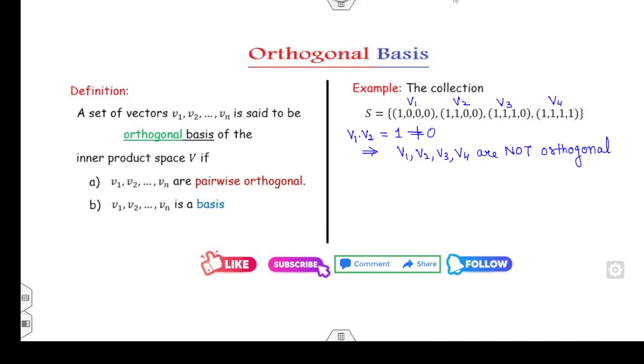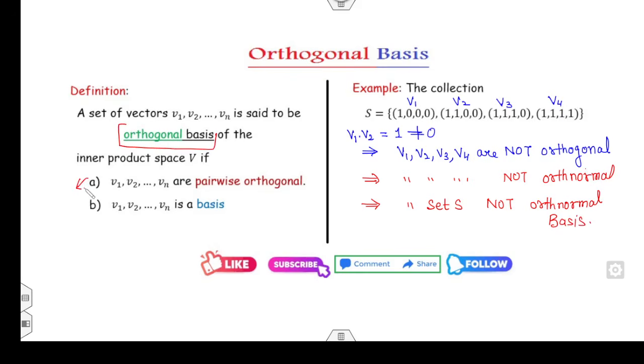And once they are not orthogonal, they are not orthonormal. And once they are not orthonormal, the set S is not an orthonormal basis, or the set is not an orthogonal basis. Why? Because the first property is not satisfied.